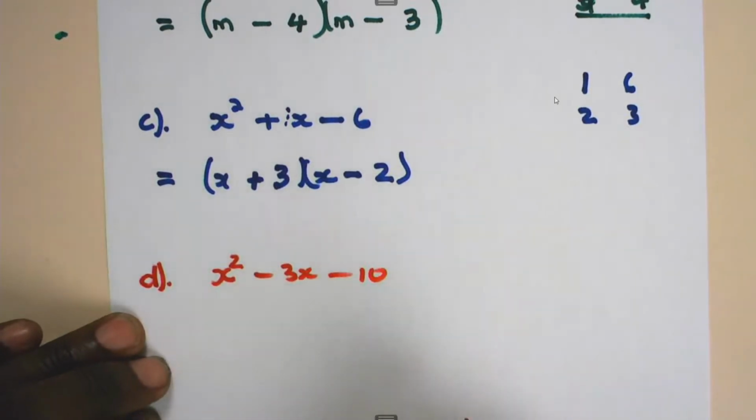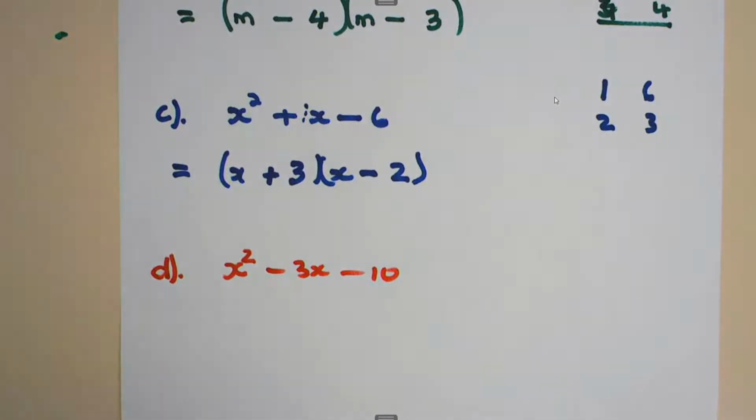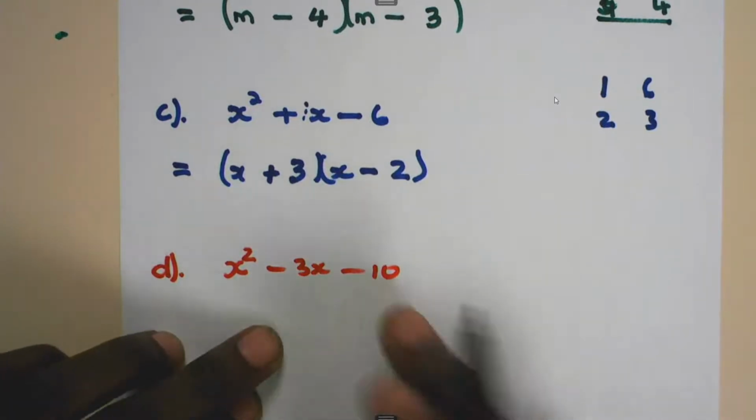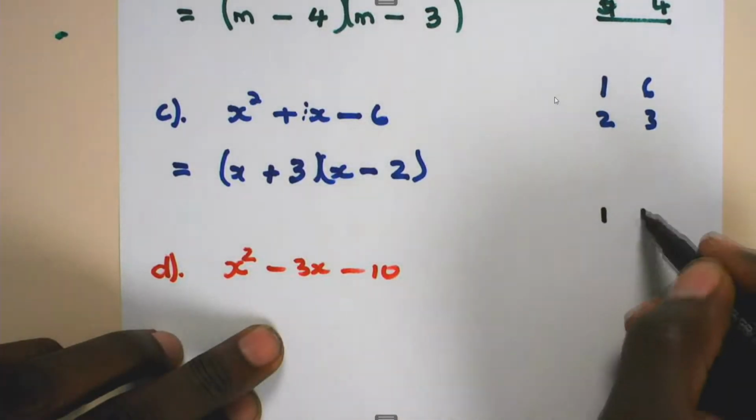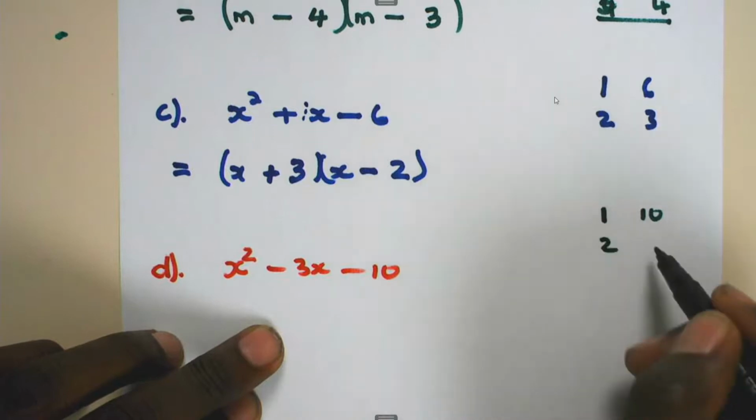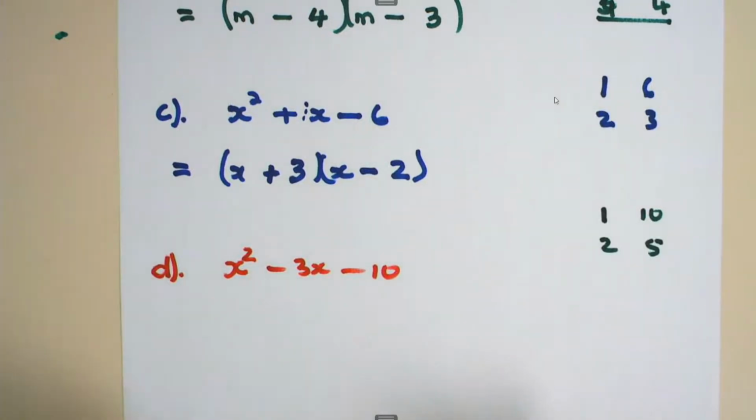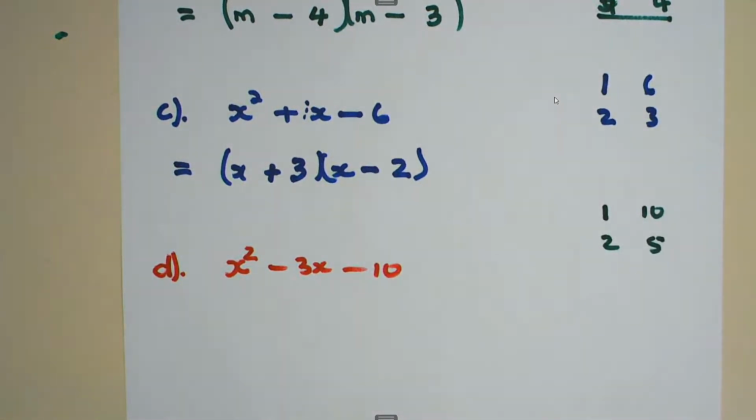You can see in all these examples the signs are changing, maybe between the x squared and the middle term it is negative or positive. They are changing, but you need to understand. With number 10, the factors are 1 and 10, 2 and 5. Are there any others? Let's see. No. You can just say 10 and 1 or 5 and 2.